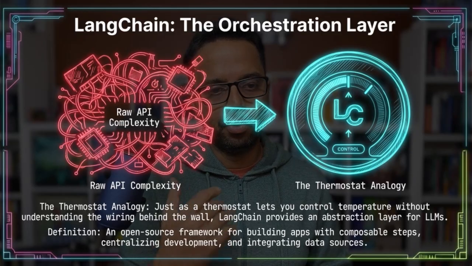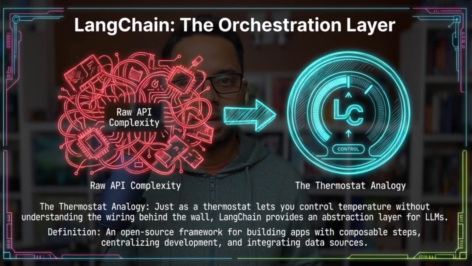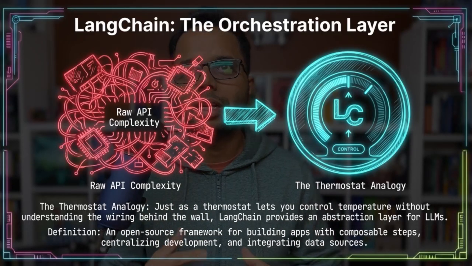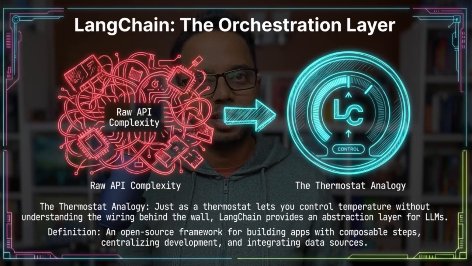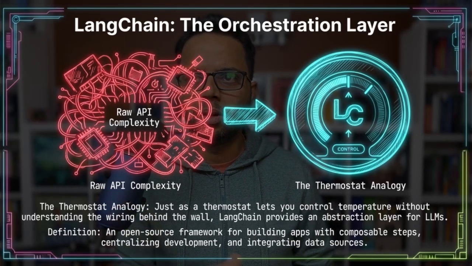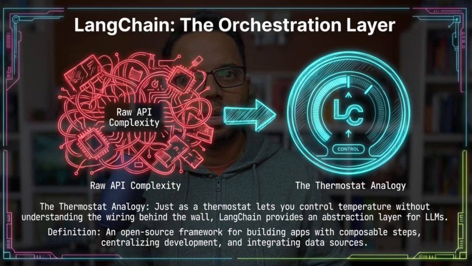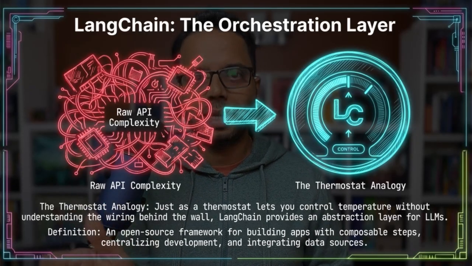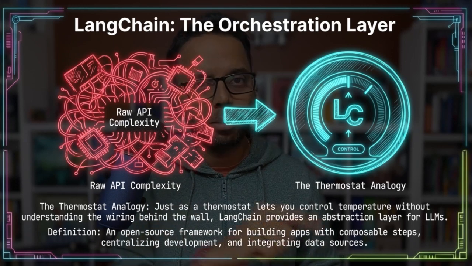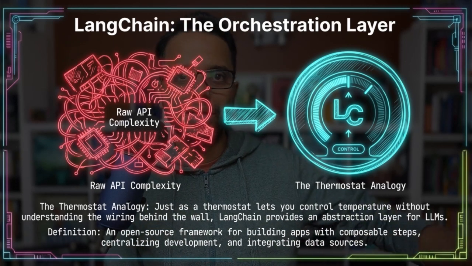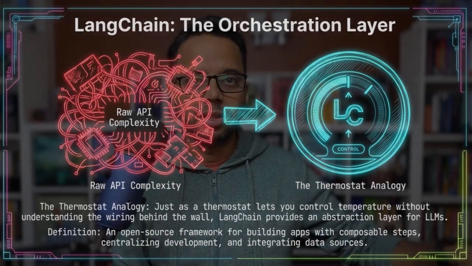So you have raw API complexity. You can see it this way: when you are inside a room and you are trying to turn down or control the AC, right? When you make it from 26 degrees to 22 degrees, there are certain things happening with the AC through some sensors, right? The data that is emitted by the sensors to determine the current room temperature and so on is a very complex set of data.